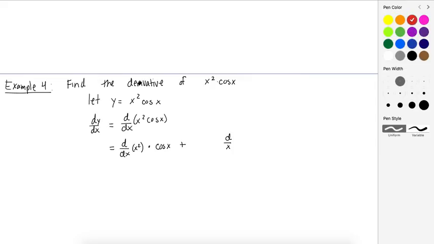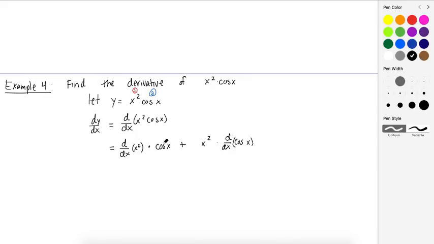And let me number them so that you may have a better understanding. So the first I'm going to put right here 1, and for the second I'm going to put here 2. So we're doing the derivative of the first, which is x squared, times the second, and then we're doing the derivative of the second times the first.